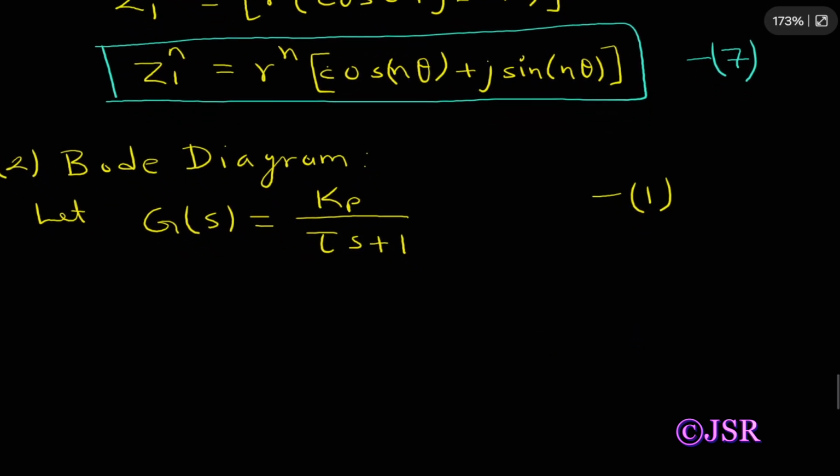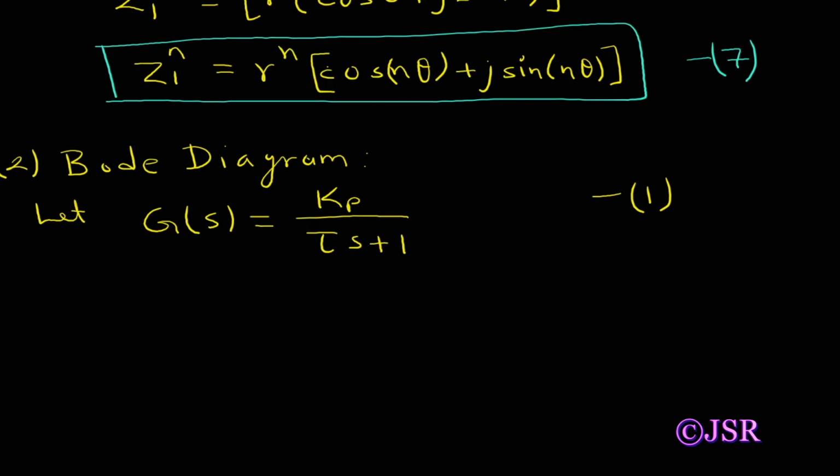As we already know from the frequency response analysis, the amplitude ratio and the phase shift, these two parameters are required to get the frequency response of any linear system.